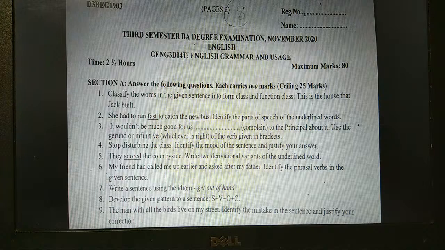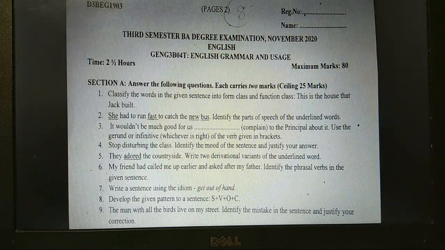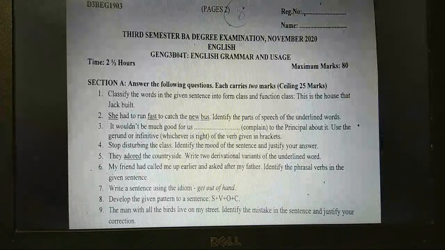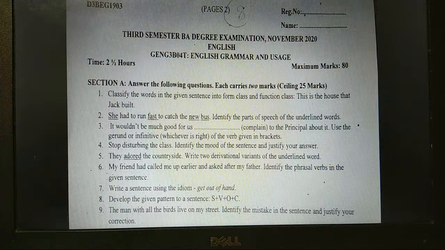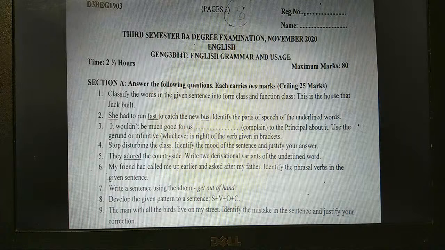So question number 1, one side we have form class: house, Jack, built. After house you will write a hyphen and noun. After Jack a hyphen and noun. After built a hyphen and verb. Function class side: this, demonstrative; is, auxiliary form of be; the, article. So remember, your left hand side has a column form class, right hand side function class.